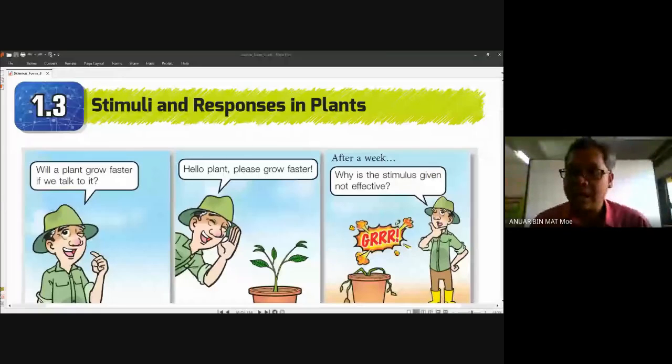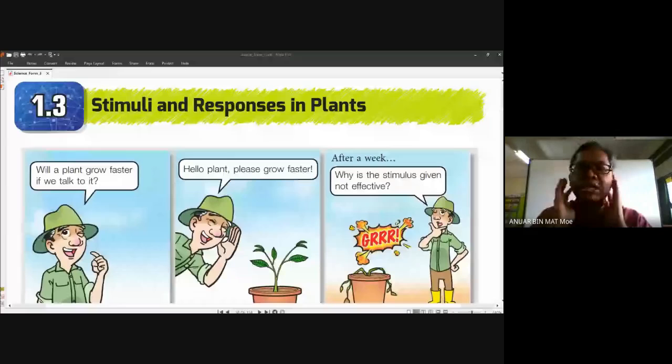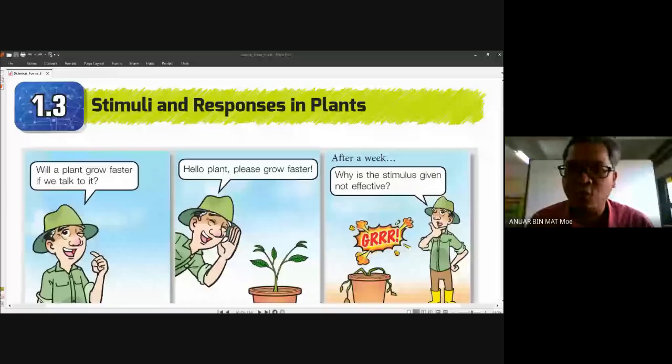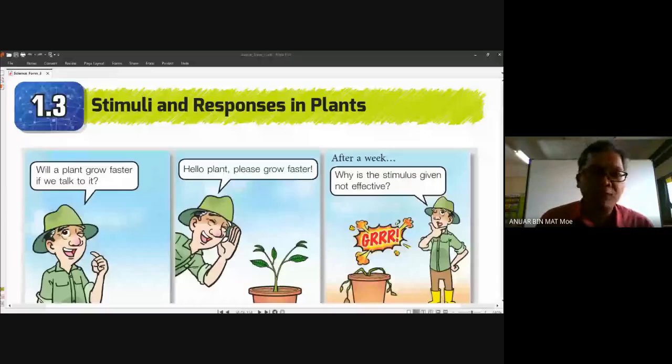Make sure you remember the parts and function of the eyes, the ears, nose, tongue, and skin. Maybe a little bit overwhelming, maybe you have many things to remember, but believe me, if you understand the whole structure and the whole concept, you will find it easier. Maybe some of the terms you need to remember, for example, the parts and function of the eyes.